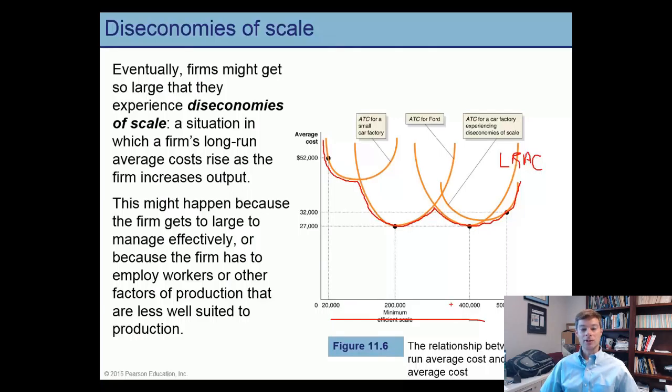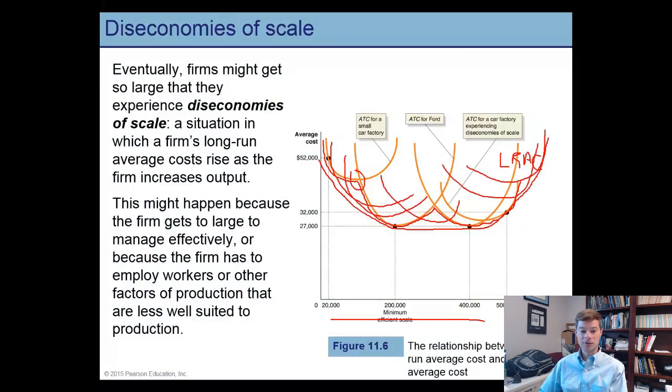But in the real world, there are more than 4 factory sizes. There might be a small-to-medium factory size, or a factory size right in here, or a factory size right in here. When you add a lot of different factory sizes to the production process, it creates a long run average cost curve that is really U-shaped and isn't cupped in around the short run average cost curves as it would be if there were only 4 factory sizes.